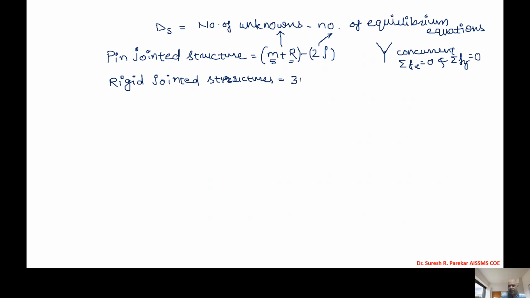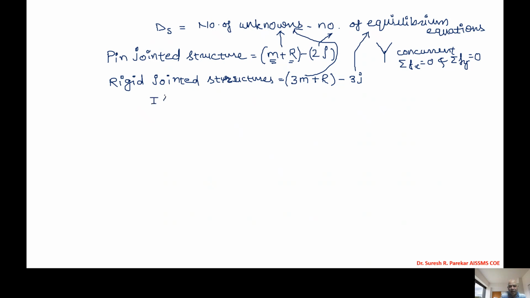So every member has three forces. So three unknown forces for each member plus the number of reactions. This becomes your unknowns. And now each joint has three equilibrium equations. So minus 3j. So that is the number of equilibrium equations.